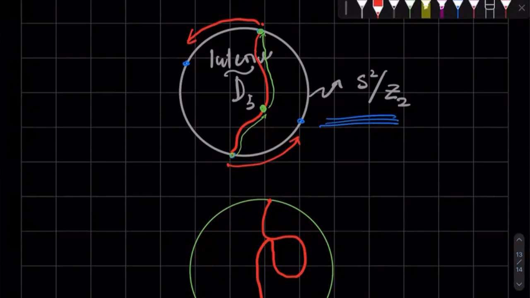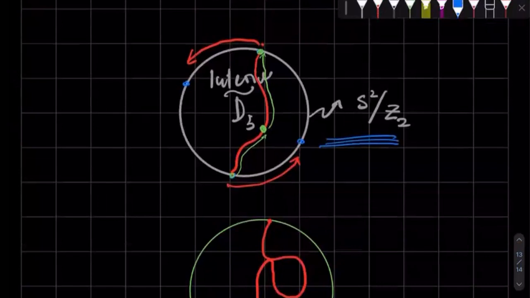So this curve, it turns out, cannot be shrunk to a point. Here we have an example of a curve which cannot be shrunk to a single point.